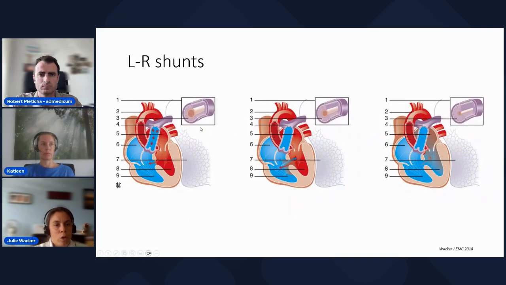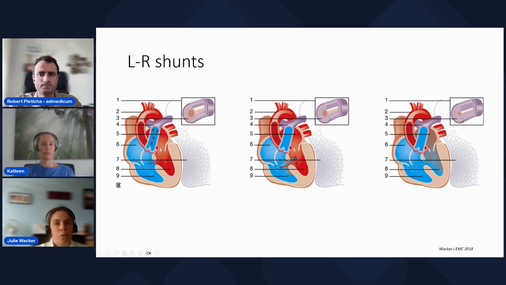And when you have a left to right shunt, let's take a big VSD, in the baseline situation, you have the shunt going from the left ventricle to the right ventricle and into the lungs, which increases the pulmonary blood flow. The arterioles are normal, but with the increased shunt, you have a medial hypertrophy and all the remodeling of all those little arteries in the lungs, and they get very sick.